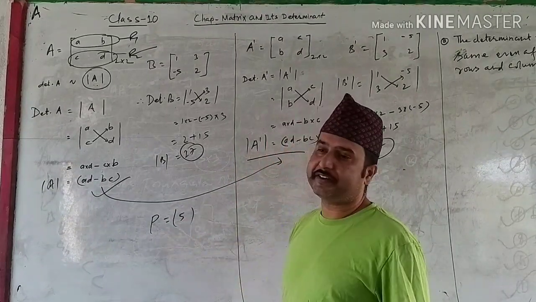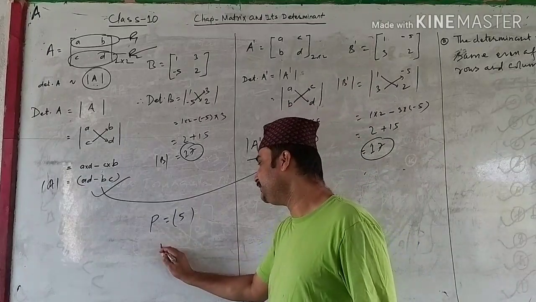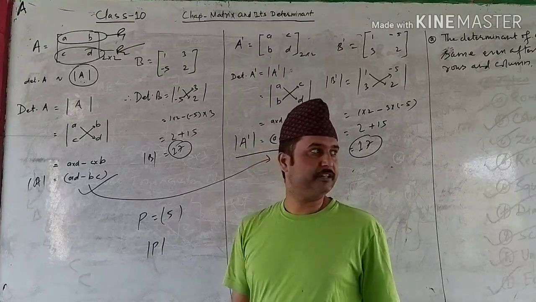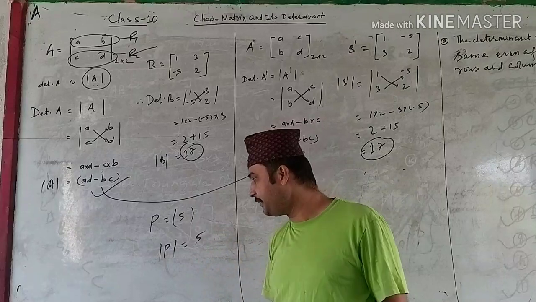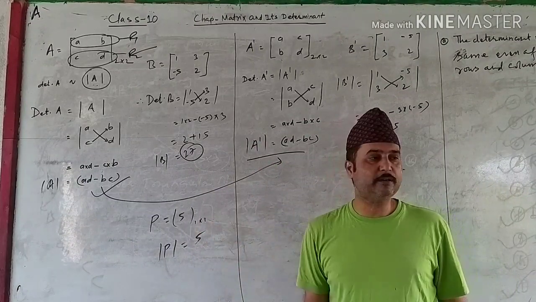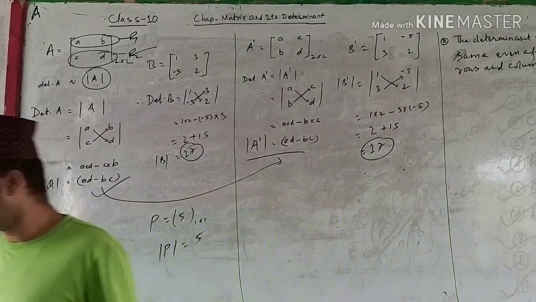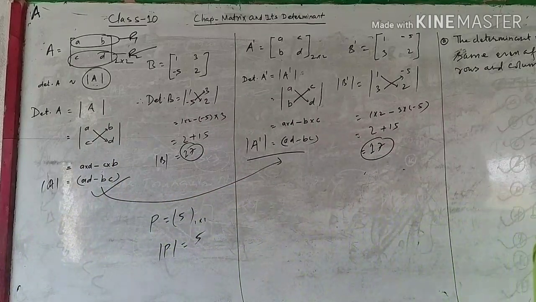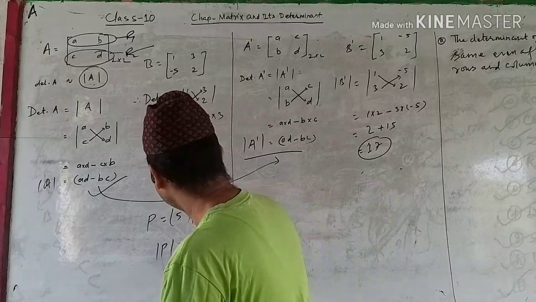So how do you find the determinant of matrix P here? The determinant of matrix P is 5 itself. For a one by one matrix, having one row and one column, the determinant is the element itself, so here it is 5.